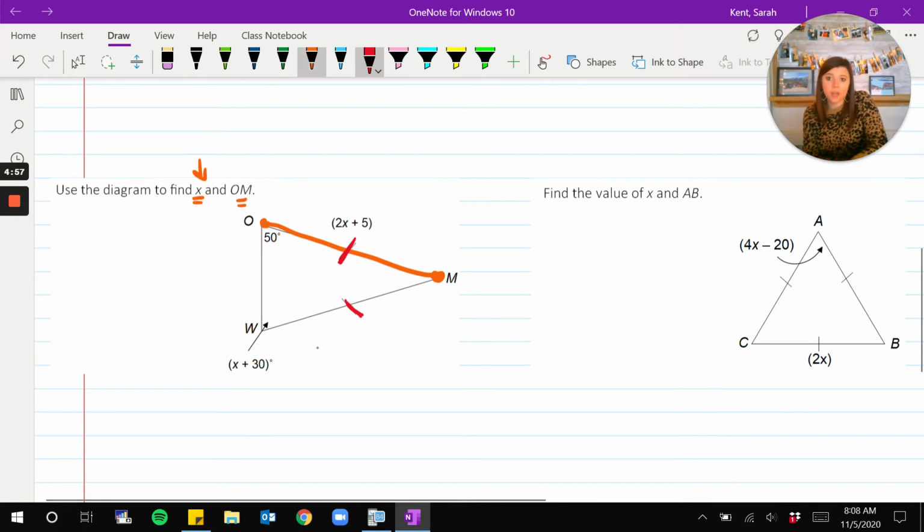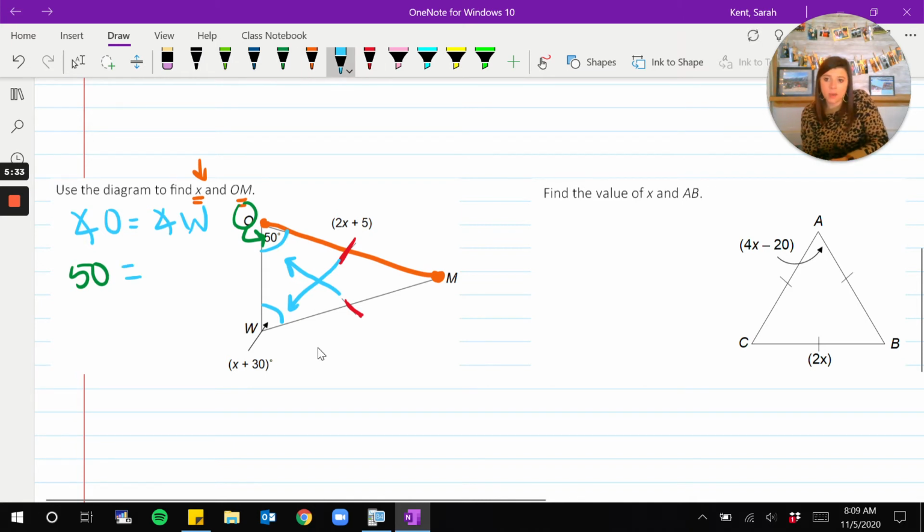But remember, we want to go across from the side to get the angle, and we can see in our two equal angles that angle O is 50 degrees and angle W is x plus 30. So we know that angle O is equal to angle W. So I can say, okay, well, angle O is 50 degrees, and that is going to be equal to angle W, which is x plus 30.